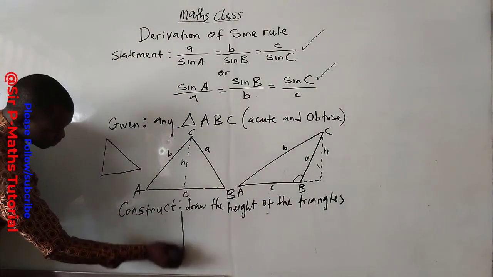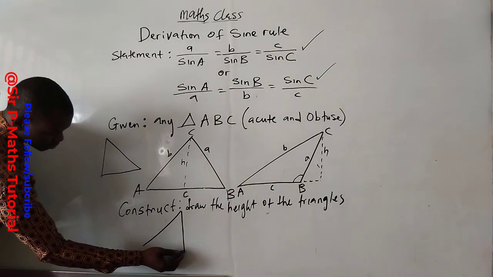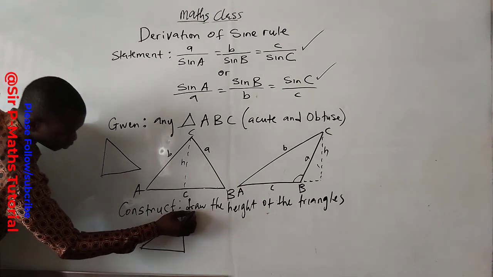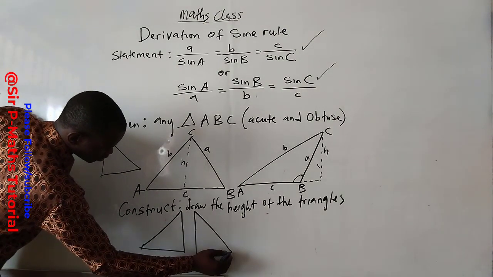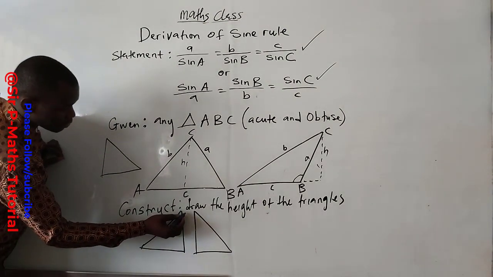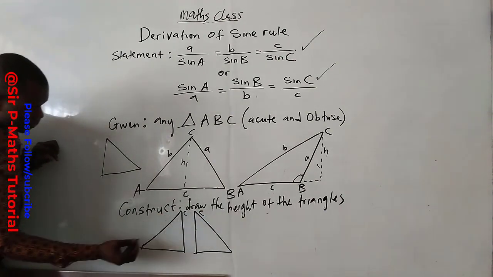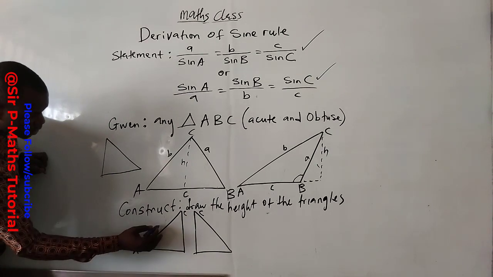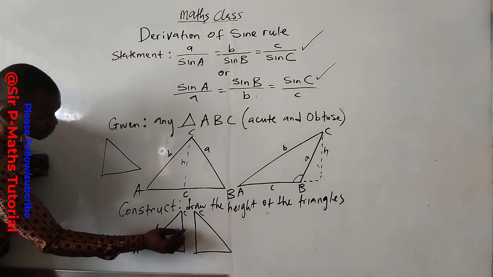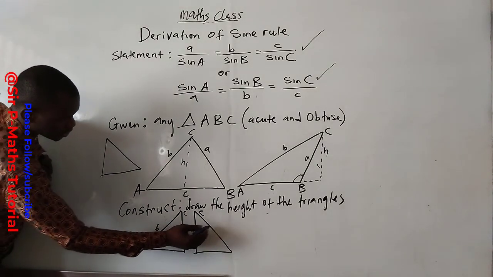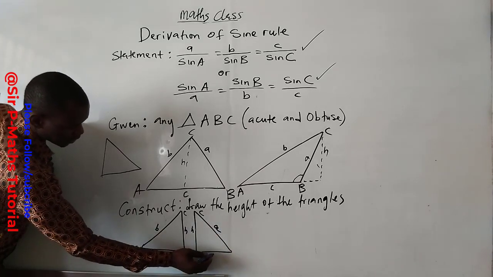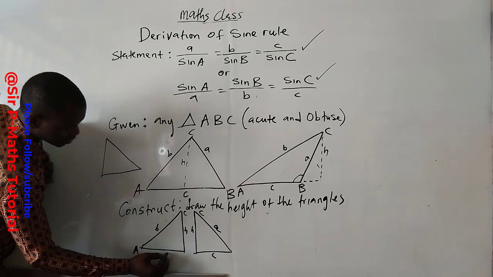I'll be having this right angle. I'll also be having this right angle. So here remains my c, and here remains my c, the top. Here is a, here remains b, here is my h, here is h, here is a, here is still c, and here is still c.